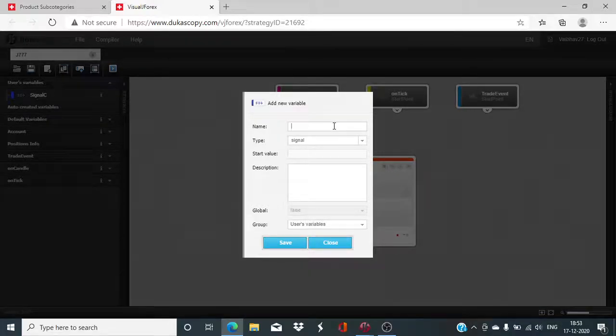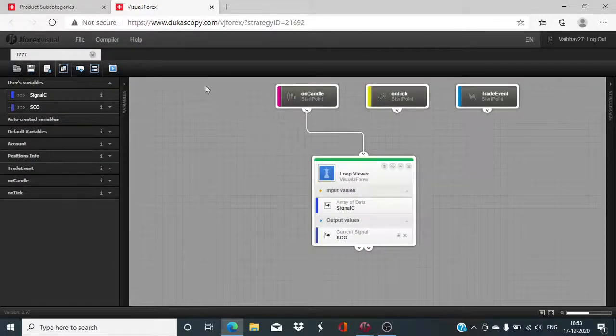We name it signal component output, SCO. Okay, so the input was provided, this signal.